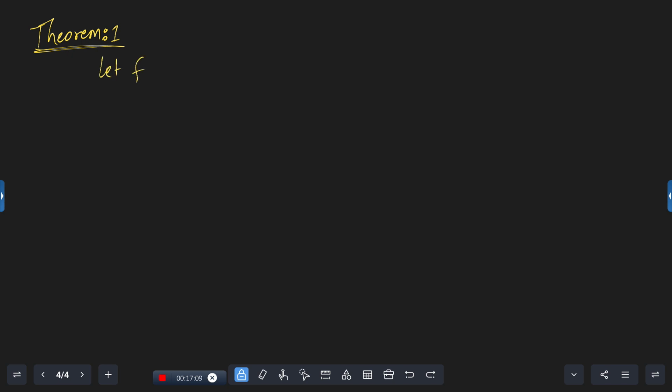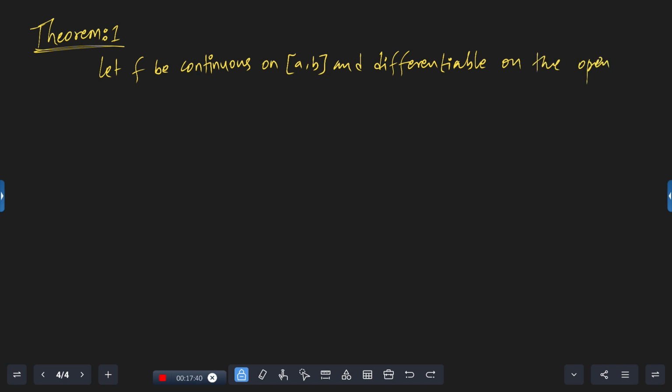Let f be a continuous function on the closed interval a comma b, and continuous and differentiable on the open interval a comma b. We have seen continuity and differentiability in the 5th chapter.